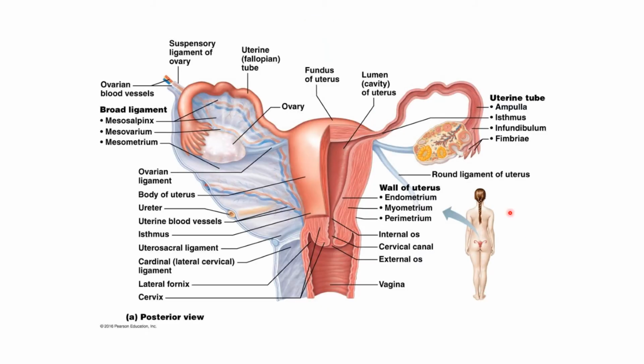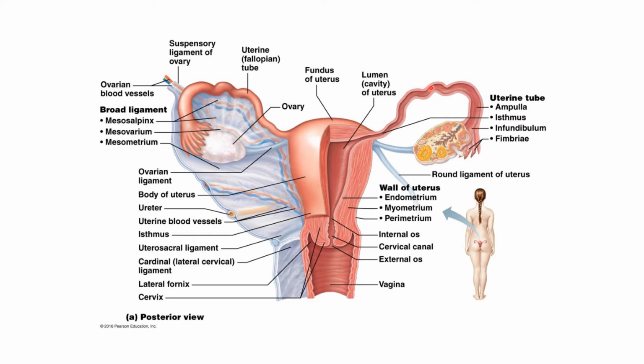In females, the production of eggs is going to take place within the ovaries. When a female hits puberty, each month she's going to be releasing an egg out of the ovary into the uterine tube or the fallopian tube.